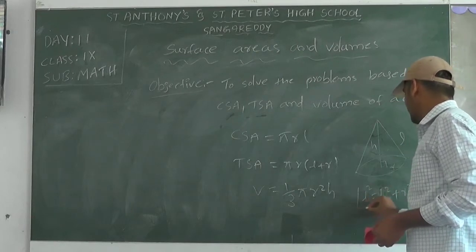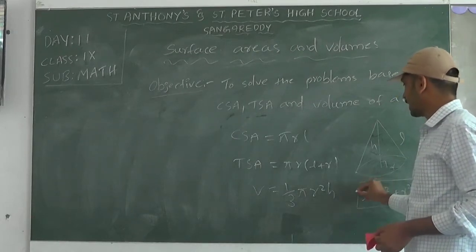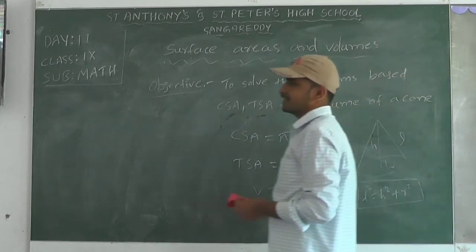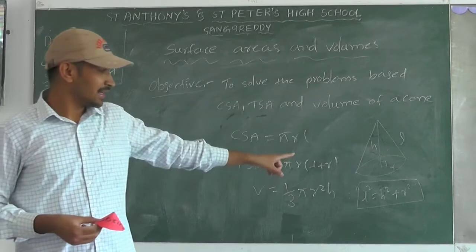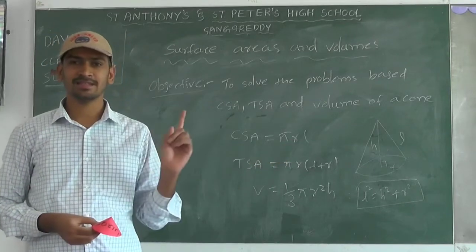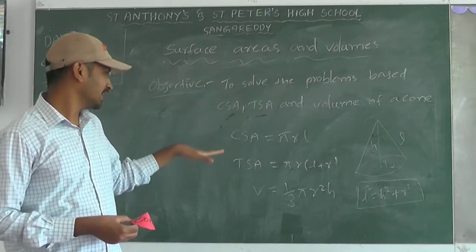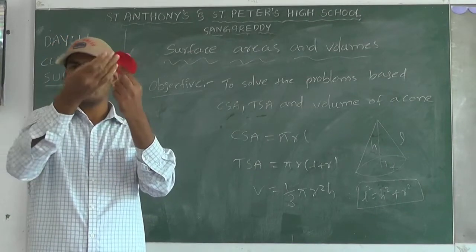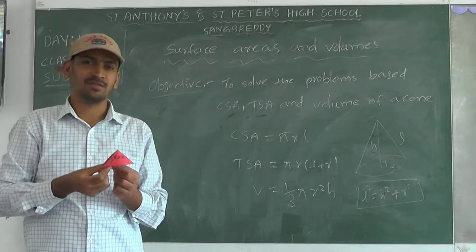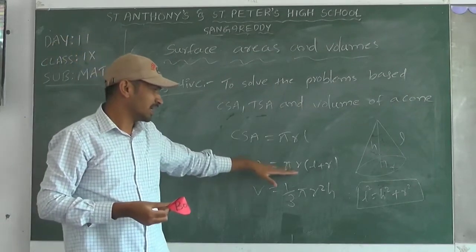This also we derived in the last class. CSA, curved surface area, is pi r L, where r is the radius of the base of the cone and L is the slant height of the cone. Next TSA, total surface area, is the curved surface area plus the area of the base, which is pi r square. So we get pi r L plus pi r square.